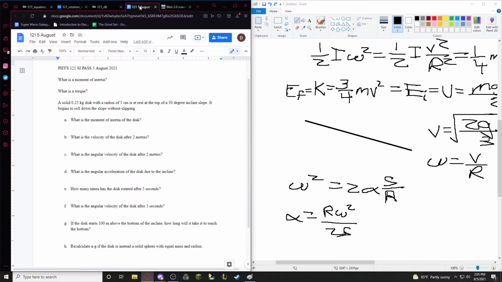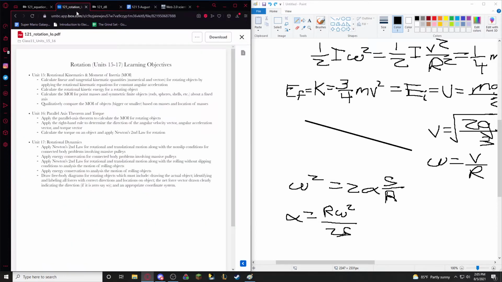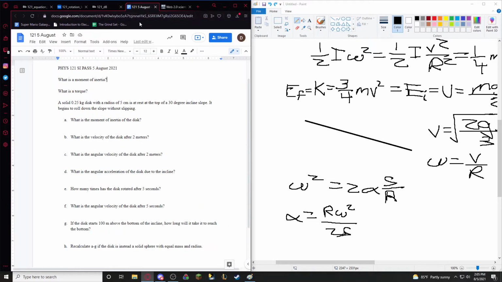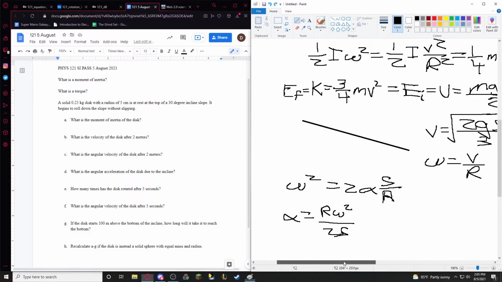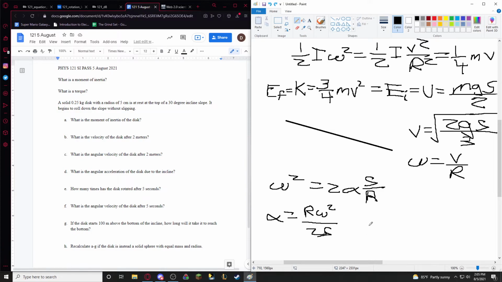So how many times would our disk have rotated after 5 total seconds? How do we find how many times the disk has rotated after 5 seconds of rolling down the hill, if we know the angular acceleration now?